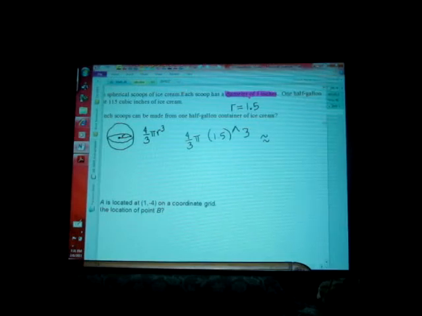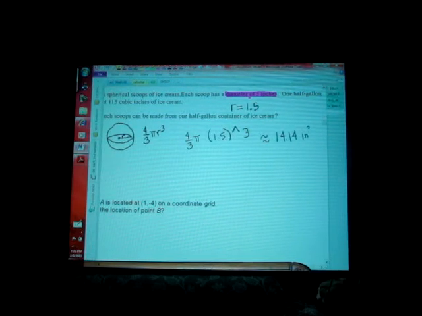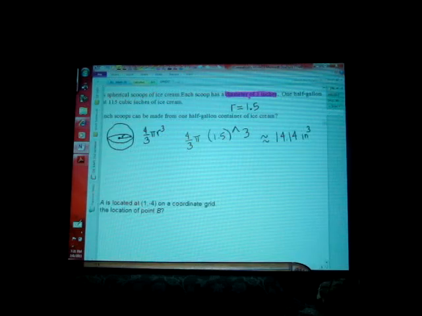Just one. Let's go back to the question here. We discovered that that was about 14.14, and that would be cubic inches, because volume is in cubic units.